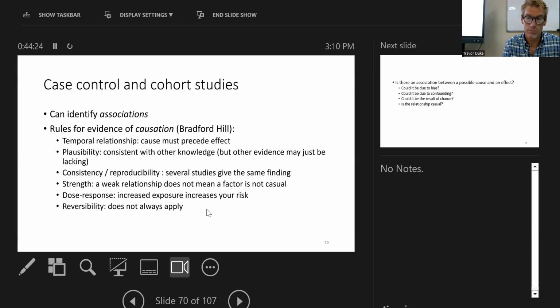There's another good example I might show of mercury poisoning and a dose response. And it helps if it has some reversibility. That is, if you remove the exposure, then the risk goes down, right? It doesn't always go down.